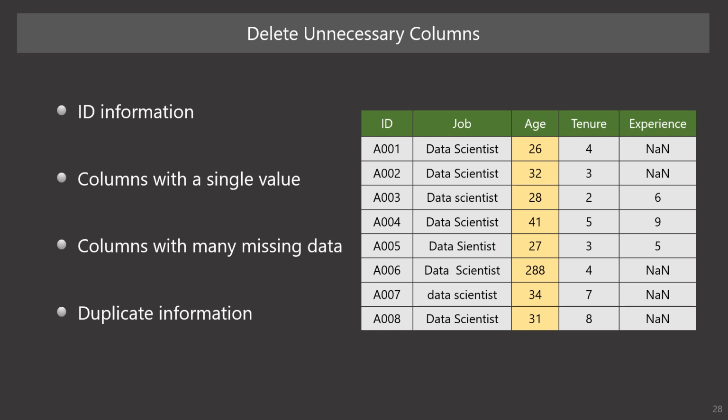And finally, sometimes we should delete a column that has virtually the same information as other columns. For instance, we have a column of employees' age. In this case, if we have a column that records each employee's birth year, we have two columns that have virtually the same information.